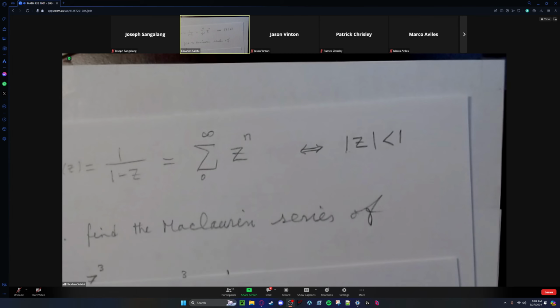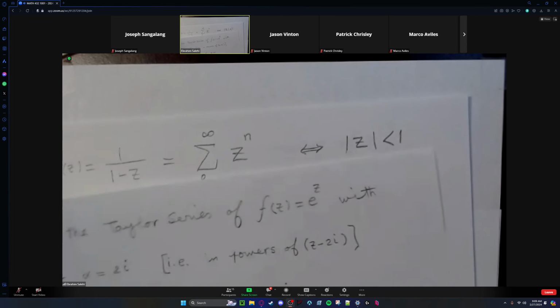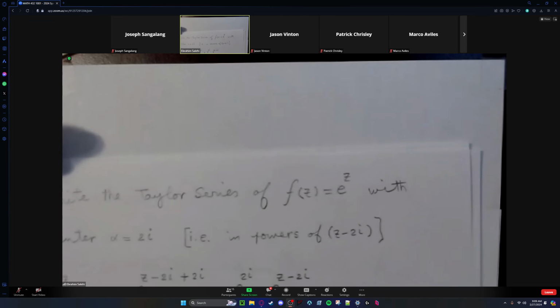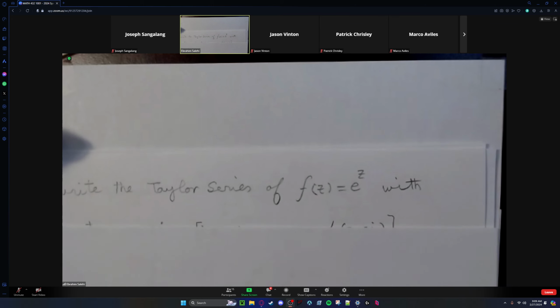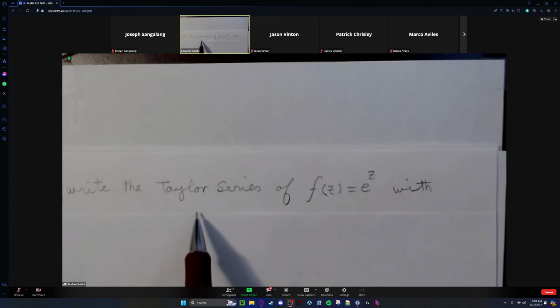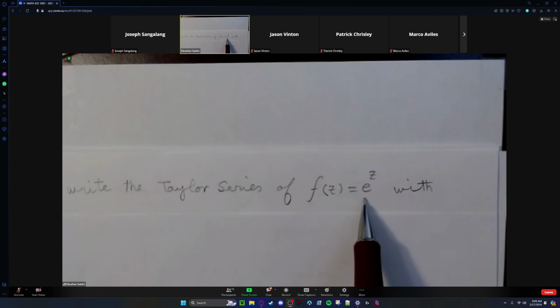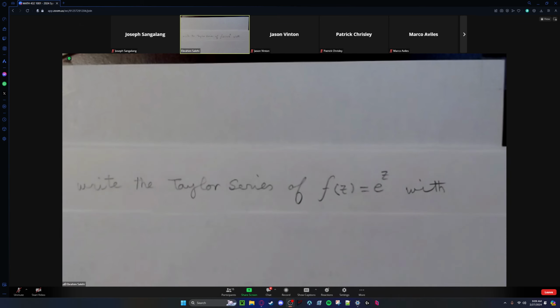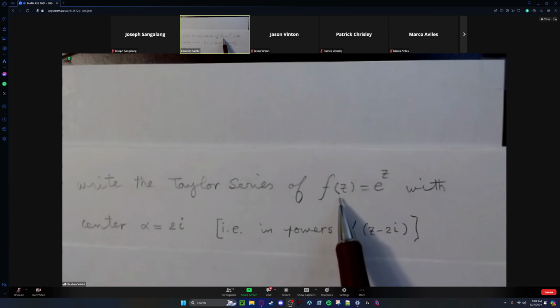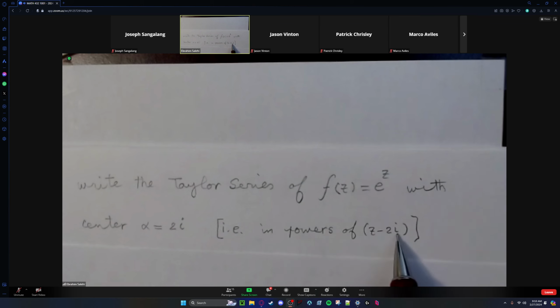Let's look at this one. I want to write the Taylor series of e to the z with center at 2i. What does it mean? It means you need to have a power series in powers of z minus 2i, okay?